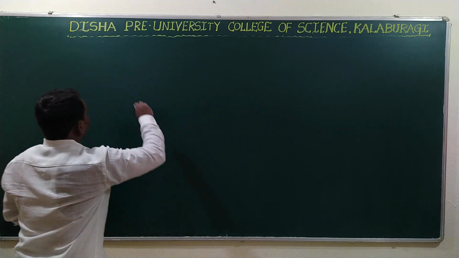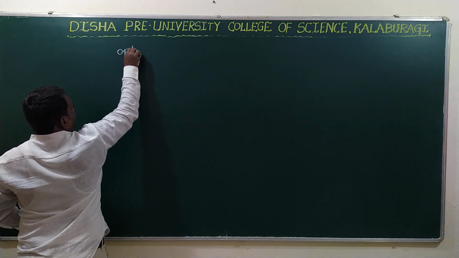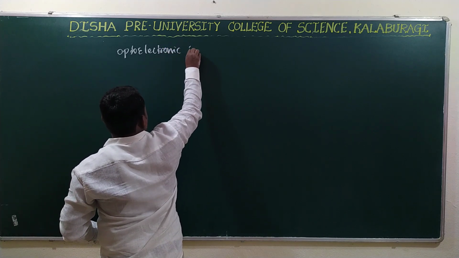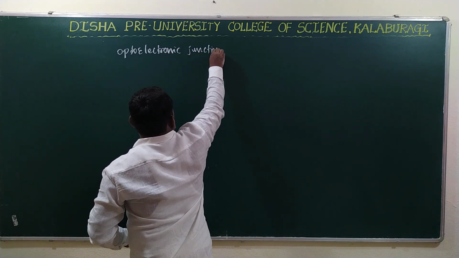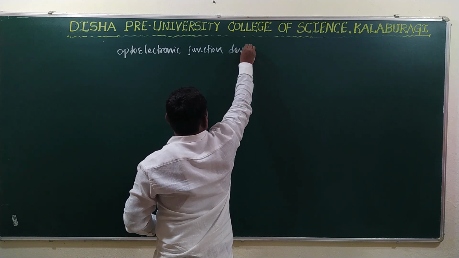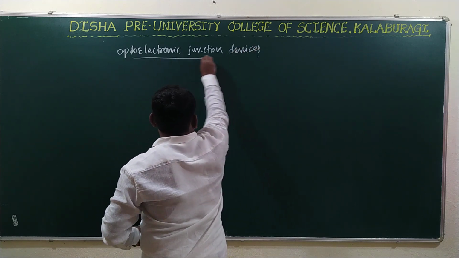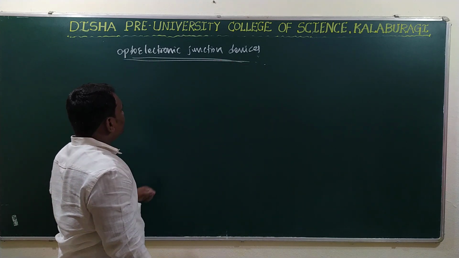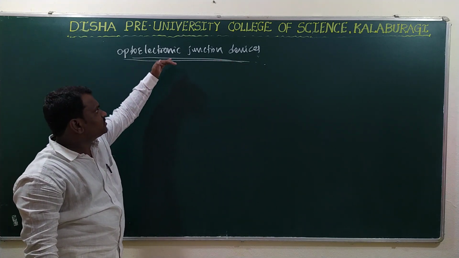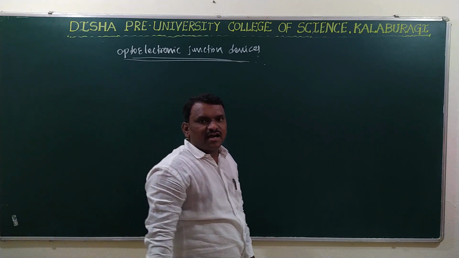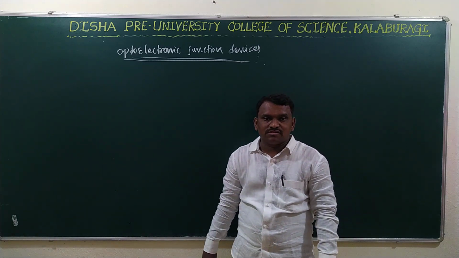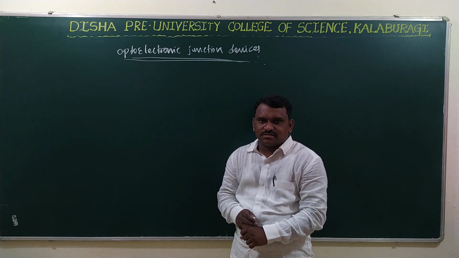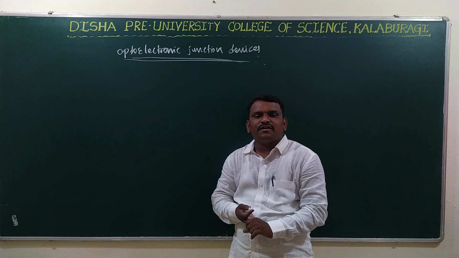Optoelectronic junction devices, right? These are also diodes, but in these diodes or in this junction, the charge carriers are not holes and electrons. Here, the charge carriers are generated by photons, right? A photon is a packet of light energy.